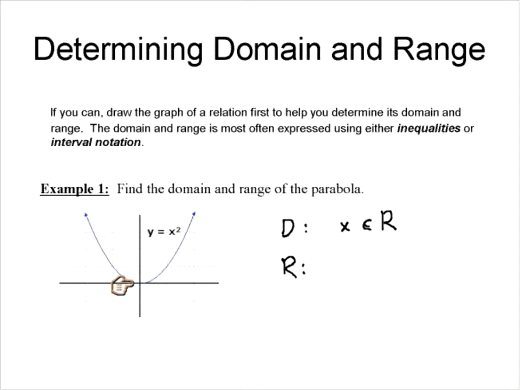So from there, we're going up, everywhere higher than that. And as it says here, domain and range can often be expressed with an inequality. So we're going to create an inequality that says the smallest value is 0, and we're going up from there. The range is y is greater than or equal to 0. Those are the y values that would be determined by the domain.